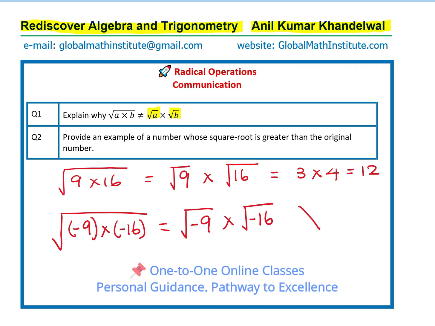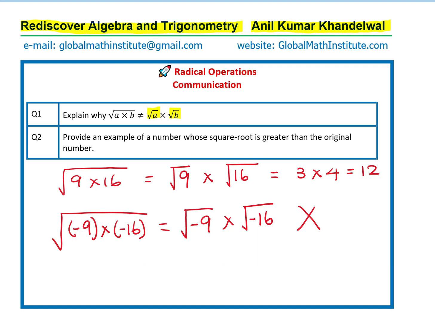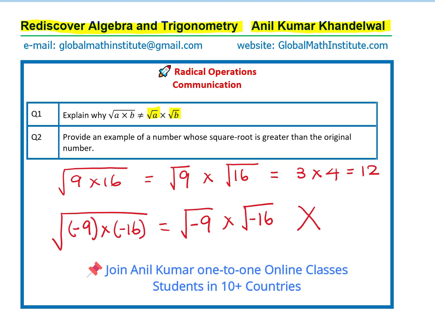You cannot, because within a square root you cannot have a negative sign. So I hope that opens up this and you understand now why this is not always true. So we have shown this is not true.